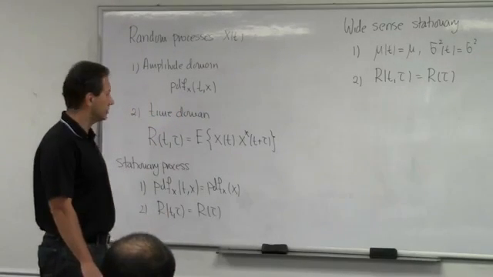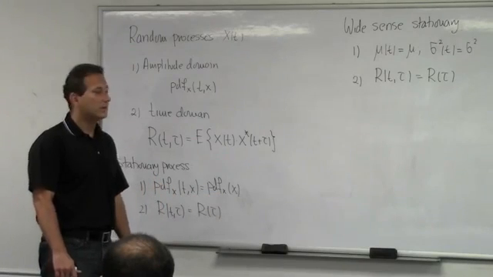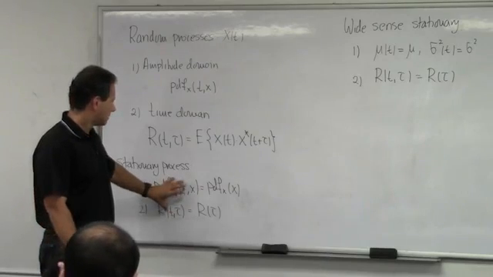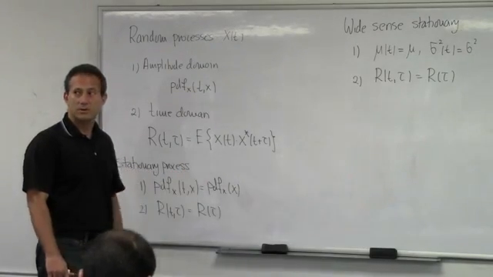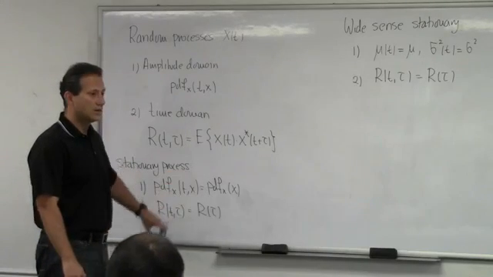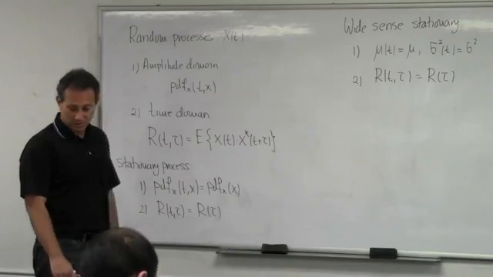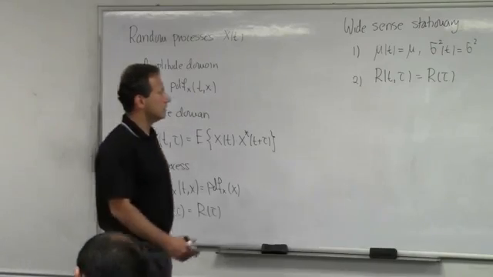This is a very strong condition. You require that the entire PDF does not change over time. Nevertheless, some of the most important processes that we deal with are kind of stationary. Like if you look at, for example, noise, which is going to be a process of highest concern to us, it turns out that under some relatively nominal conditions, the noise can be treated as a stationary process. So that's the definition of the stationary.